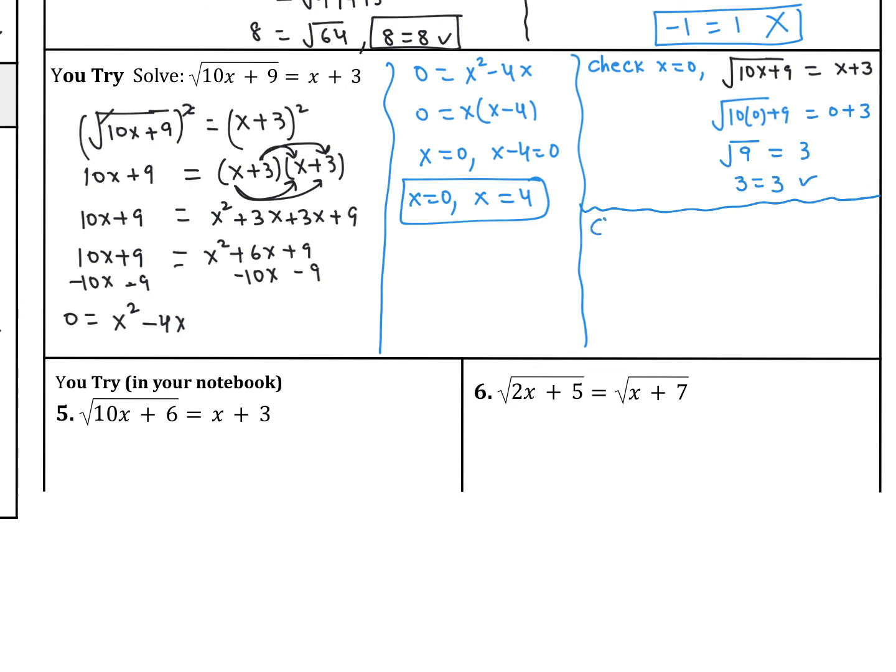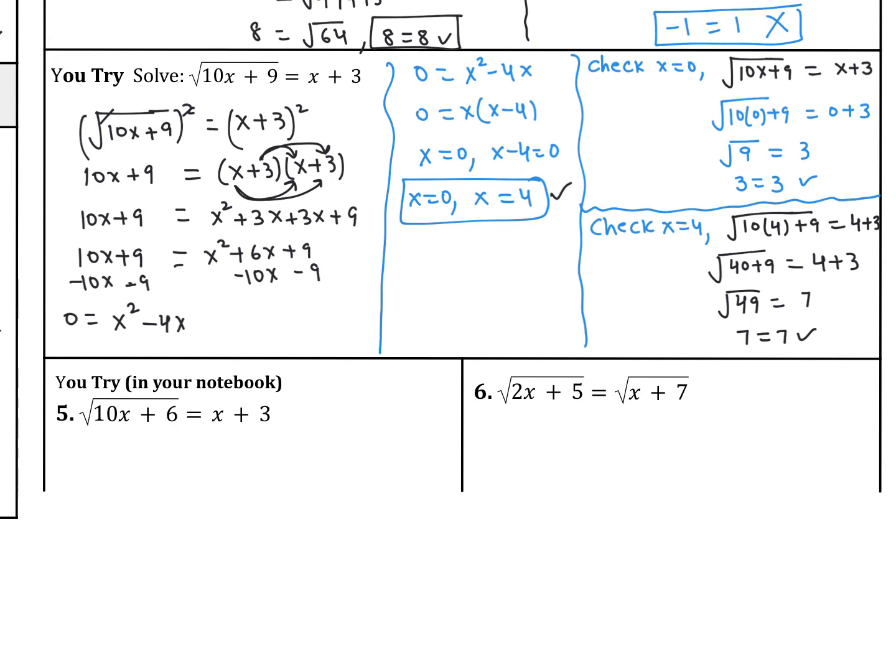Now we're going to check x equals 4 in the given equation, square root of 10 times 4 plus 9 equals 4 plus 3. That's going to give us the square root of 40 plus 9 equals 4 plus 3. That's the square root of 49 equals 7. And in this case 7 equals 7, which is true. In this case, both the answers are true. So x equals 0 and x equals 4 is your answer.